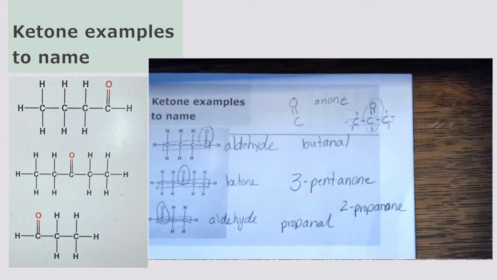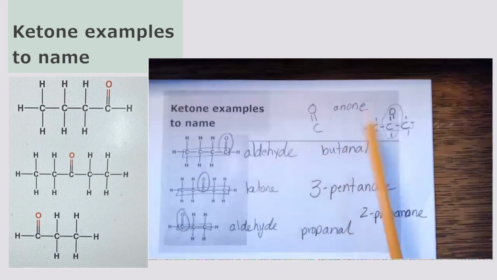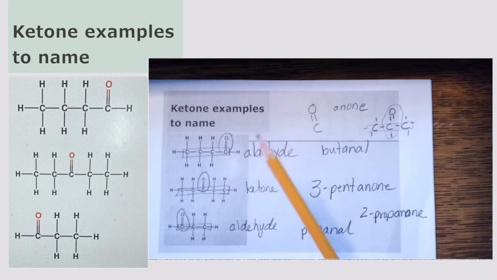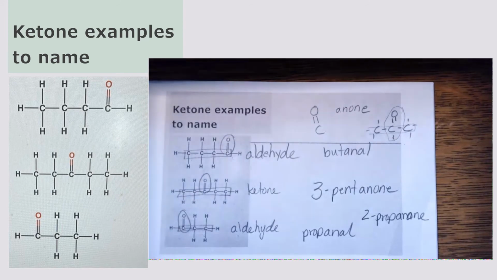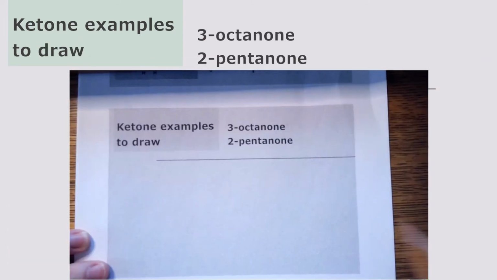This would make it a ketone. That's a very important thing to understand, the difference between ketones and aldehydes. Lots of mistakes are made here, so be careful. When the double bond O is in the middle, it's a ketone. When the double bond O is at an end, it's an aldehyde. So again, be careful.